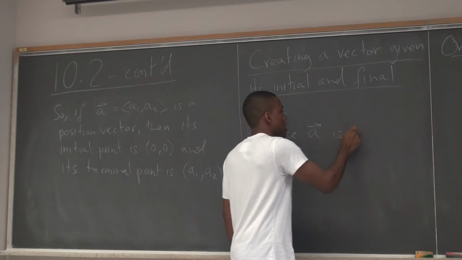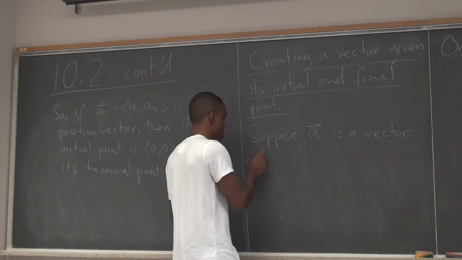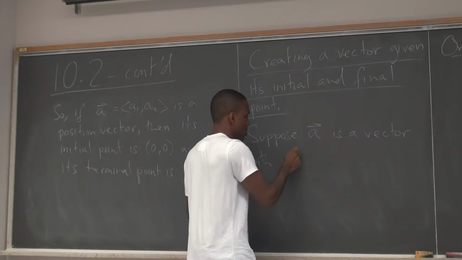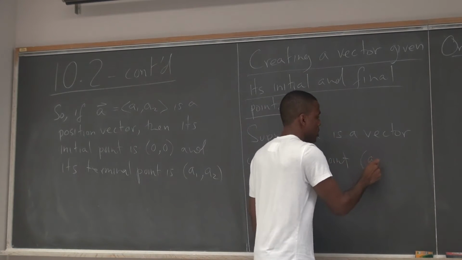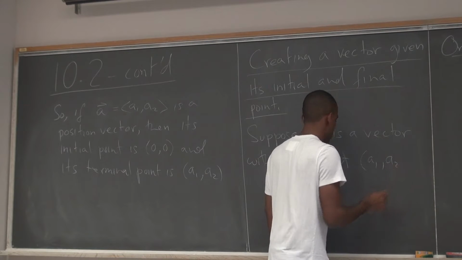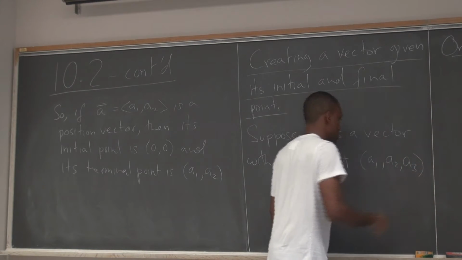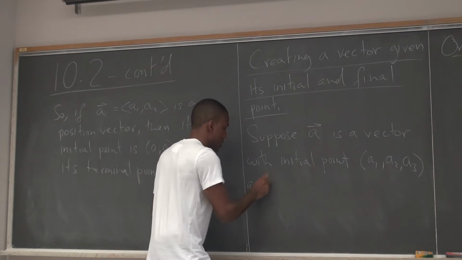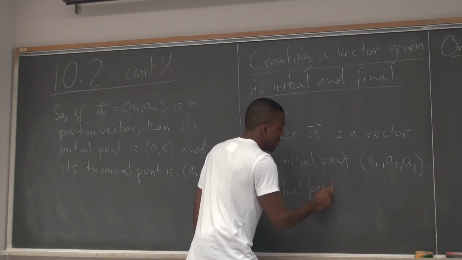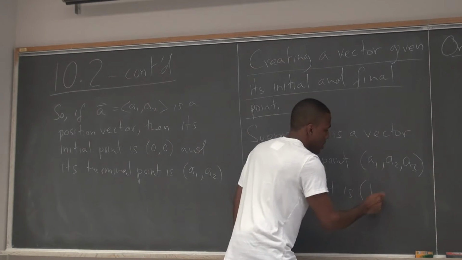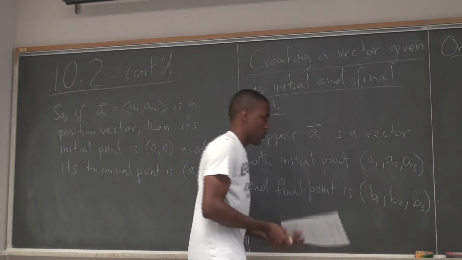Suppose A is a vector, the initial point is A1, A2, A3, and the final point is B1, B2, B3.